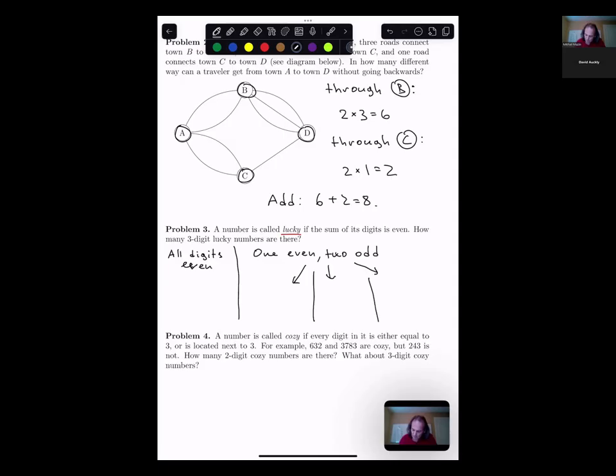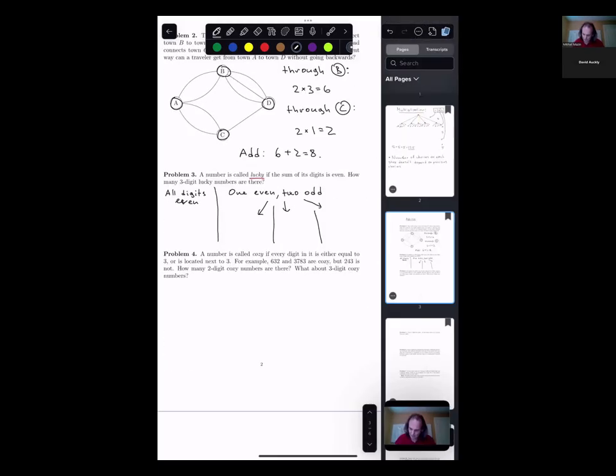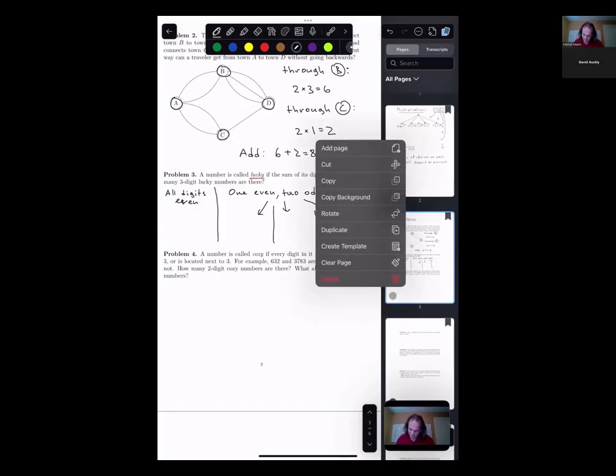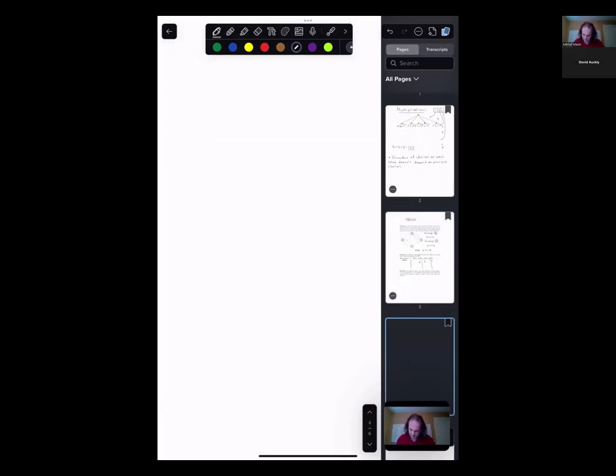What would these three parts be? I should have more space, so another page.